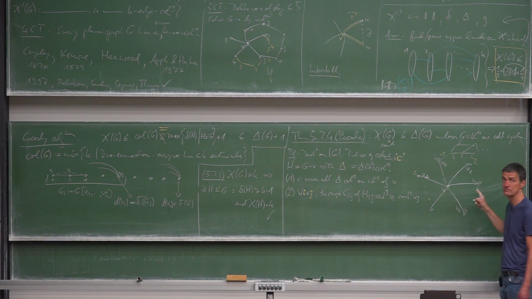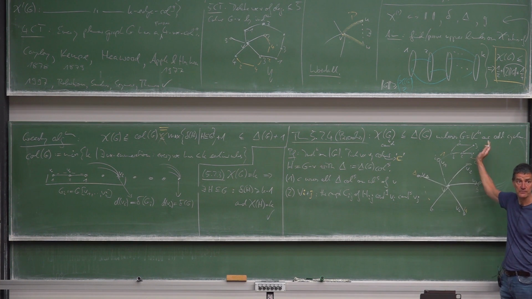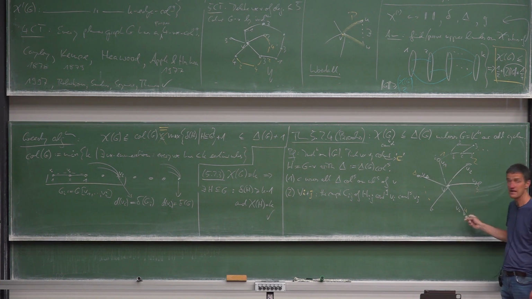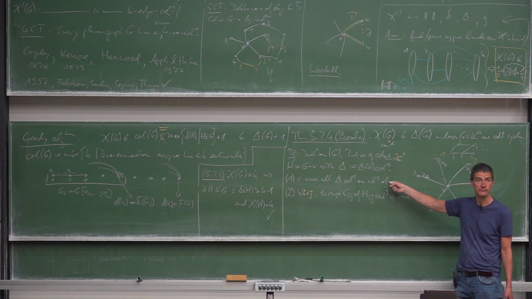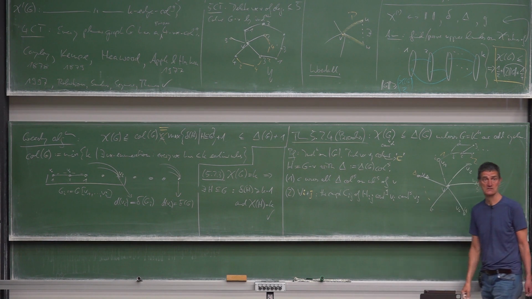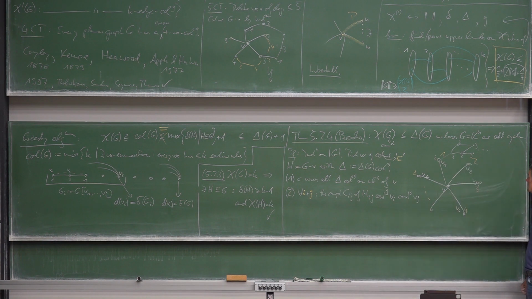If we didn't get to Vj, we could just switch colors in this component. And then we'd get a proper coloring of H, where this vertex no longer uses color i, but color j, same as Vj. But that would contradict 1. And remember, 1 is true for all colorings. So we'll get to Vj at some point.